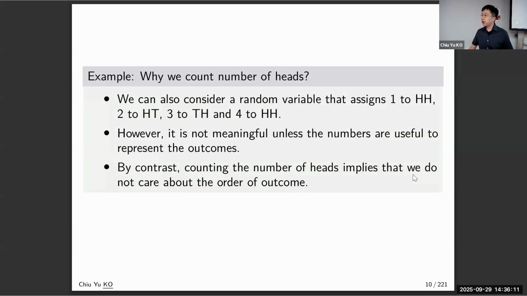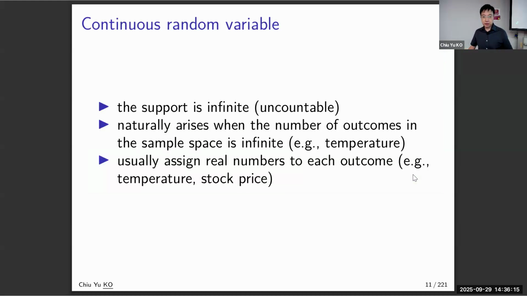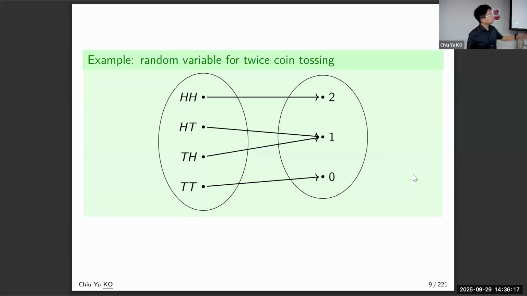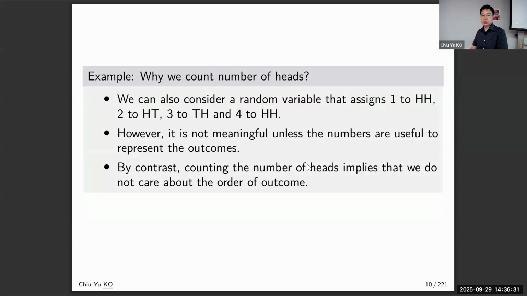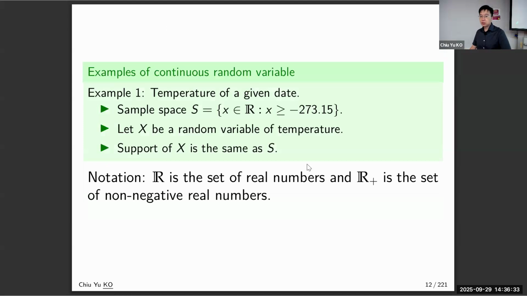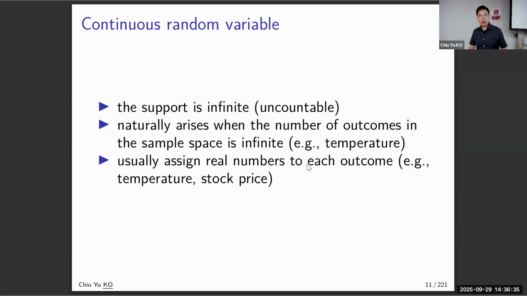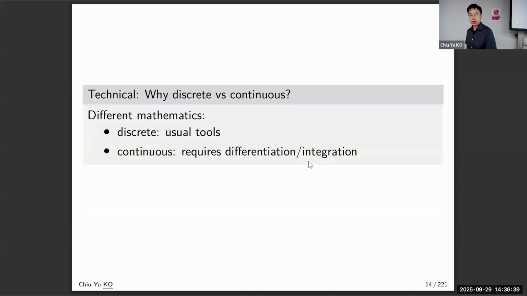So it kind of simplifies, but of course it also means that we have to care about the distribution. Even if the original case is equally likely, because a number can be associated with different outcomes, even if the left-hand side is equally likely, the right-hand side is not. So we need to study the probability function, right? We also talked about continuous because of decimal numbers, but we don't talk about that now.